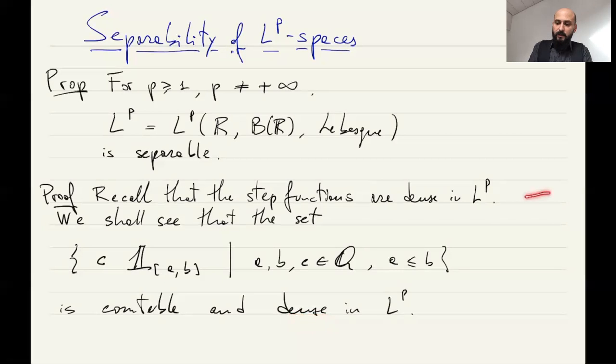Because every function in Lp is approximated by a step function, it's enough to approximate the characteristic function of a set of finite measure.